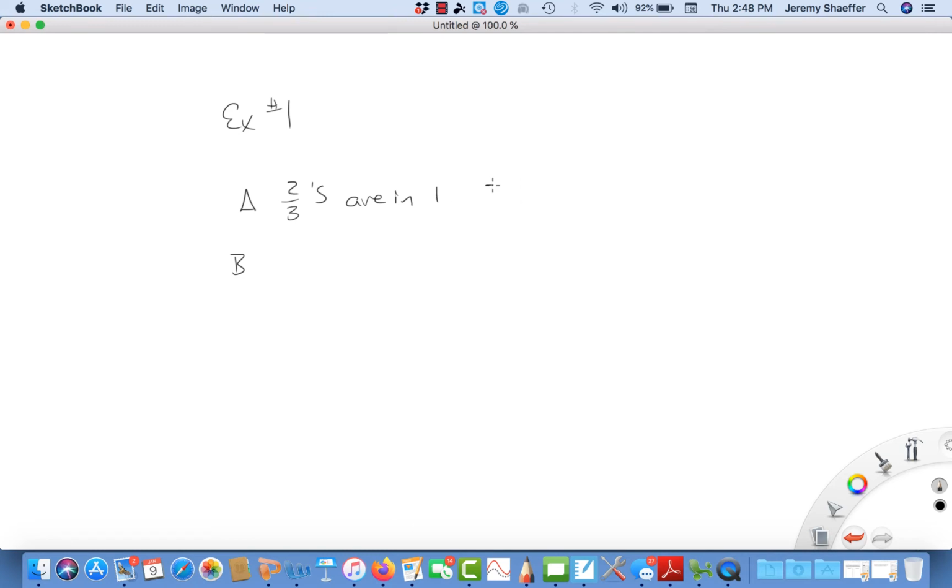What that really means is 1 divided by 2/3. Because if we know that there are 2/3 in 1, we want to know how many there are. Okay, so what is that? We just said that that is like 1 over 1 times 3 over 2, which equals 3 over 2.